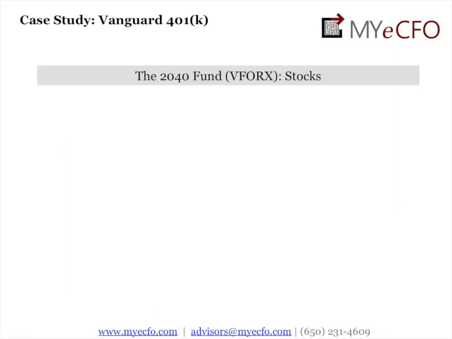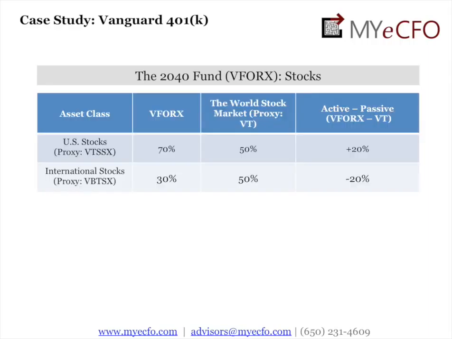But the main point here is, how would you judge the 2040 fund, right? Well, in the 2040 fund, you have 70% U.S. stocks and 30% international. The world stock market, as I showed in the earlier slide, has about 50-50.